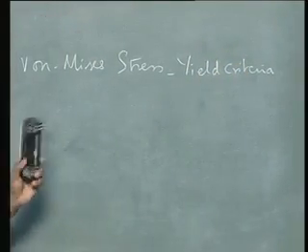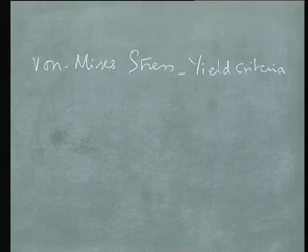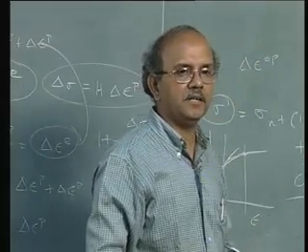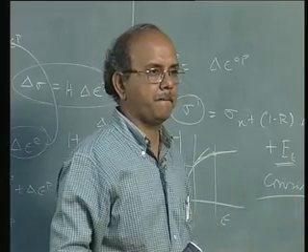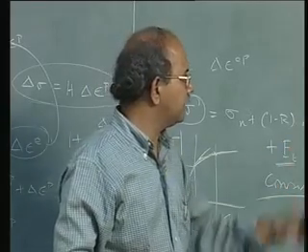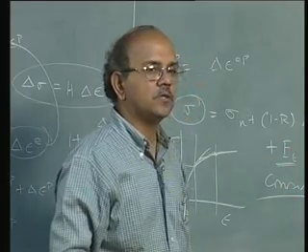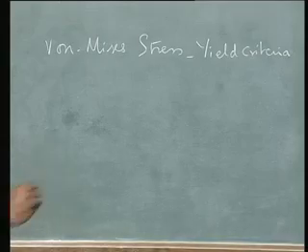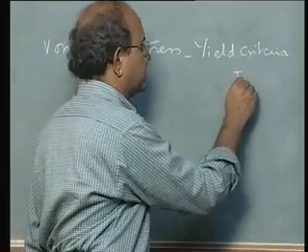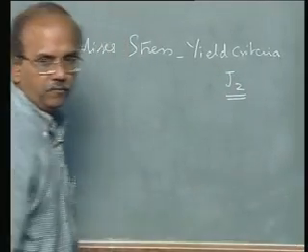In other words, Mises stress came out of a yield criteria called von Mises yield criteria. If you remember, the yield criteria was a function of the second invariant of the deviatoric stress tensor J2.